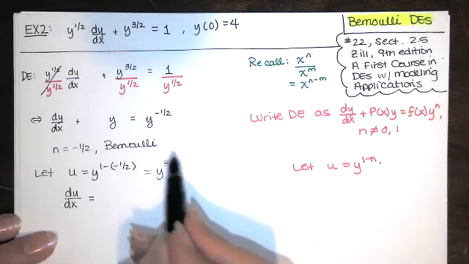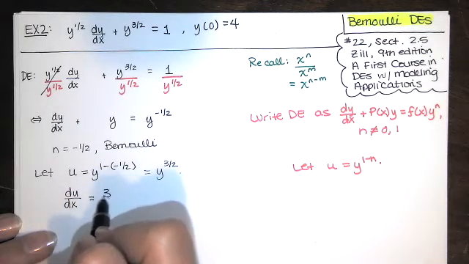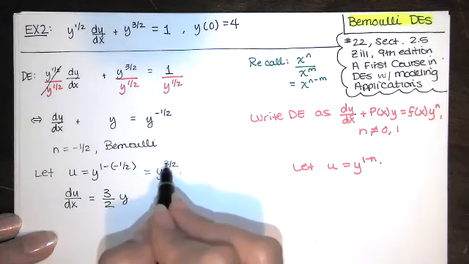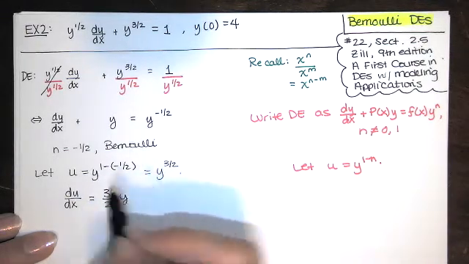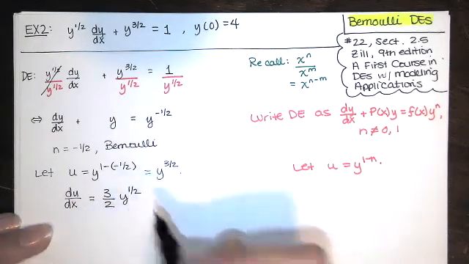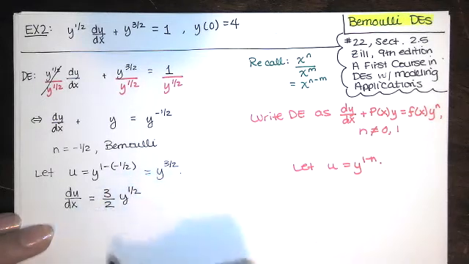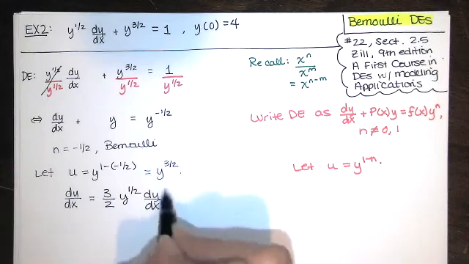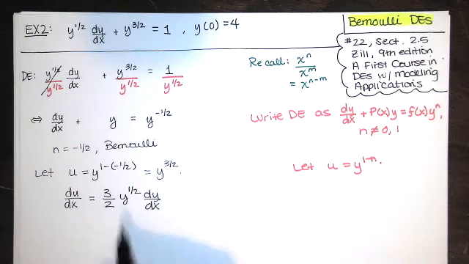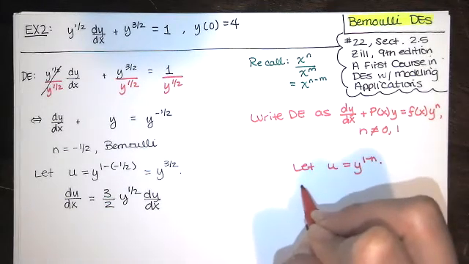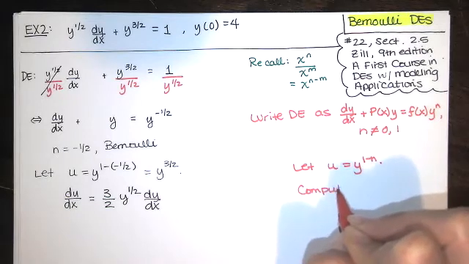Since y depends on x, the derivative of this piece is 3/2 times y to the 1 less power. 3/2 minus 1 is 1/2. We use the power rule there, and then we multiply by the derivative of the inside. You can think of that as coming from the chain rule, or from implicit differentiation. So we let u equal that, and then we compute du/dx.